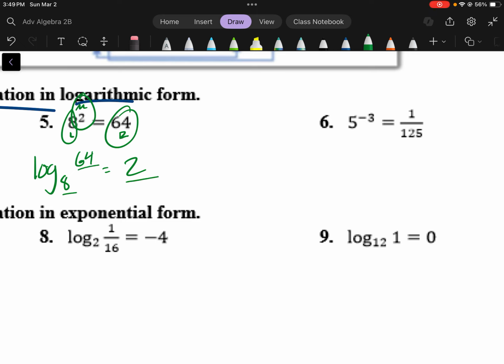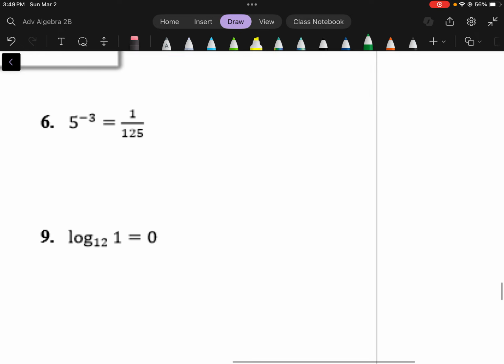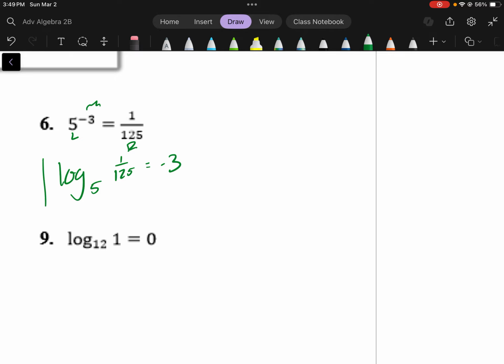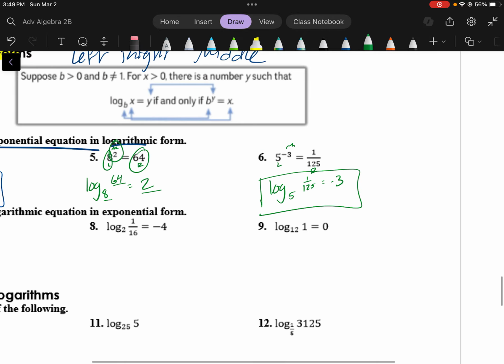And so that'd be log base 8 of 64 is equal to 2. And then number 6, one last time you'd put log, left, right, middle. So that's log base 5 of 1/125, 1 over 125 is equal to -3. Okay, so that'd be the new equation.